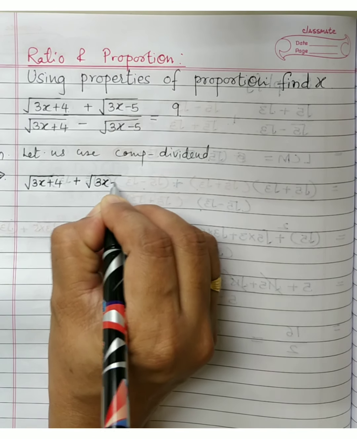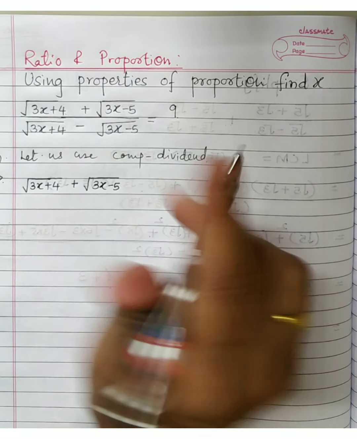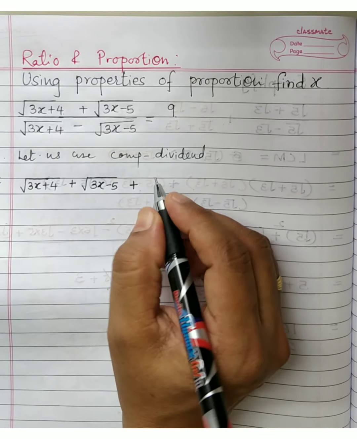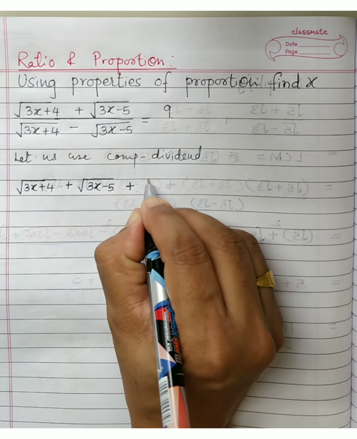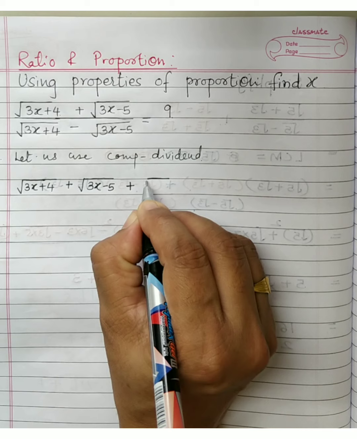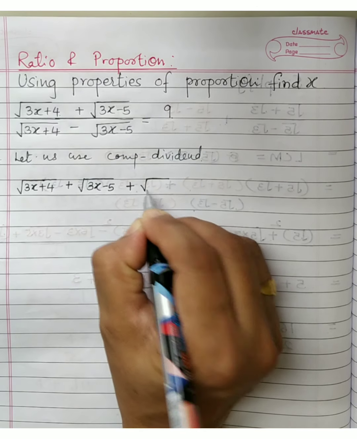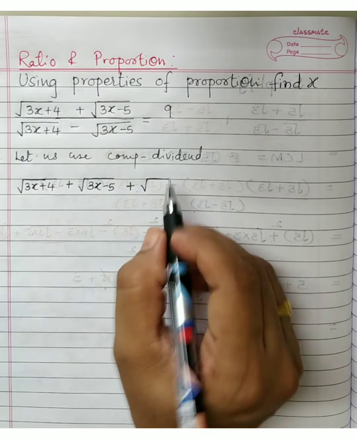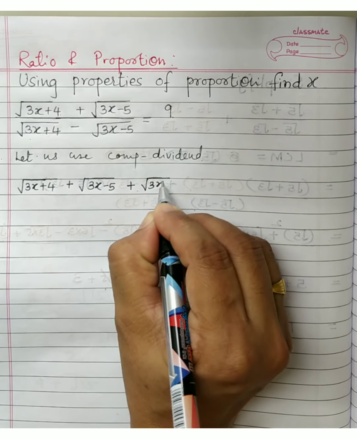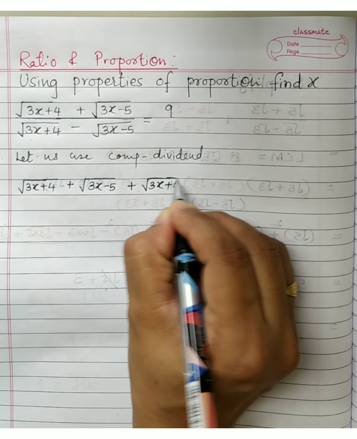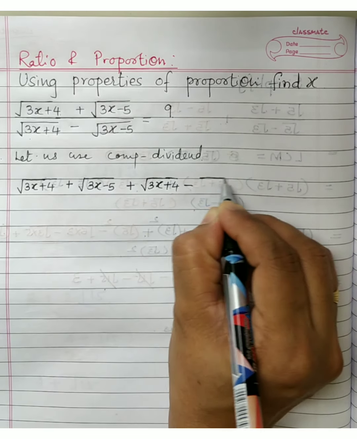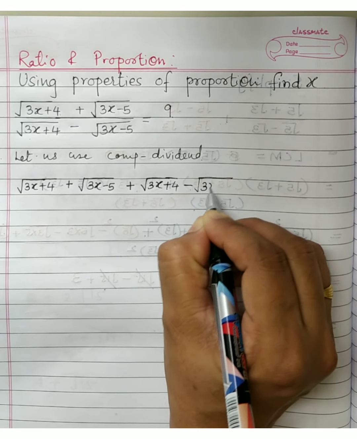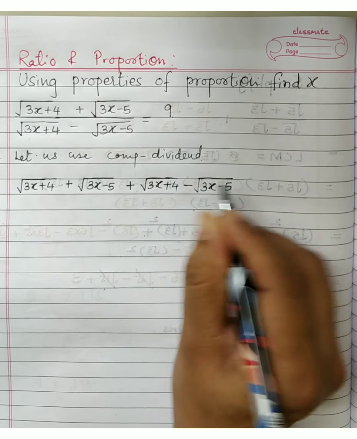Root 3x minus 5. What is this? Numerator plus denominator, right? What is the use of componendo, dividendo? Numerator plus denominator. So denominator root 3x plus 4 minus root 3x minus 5.